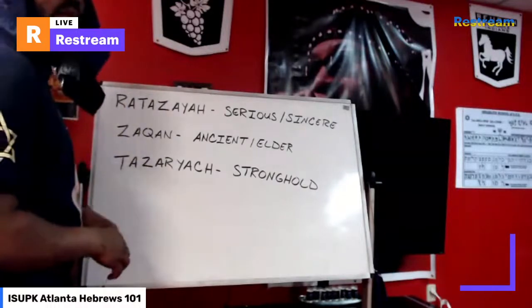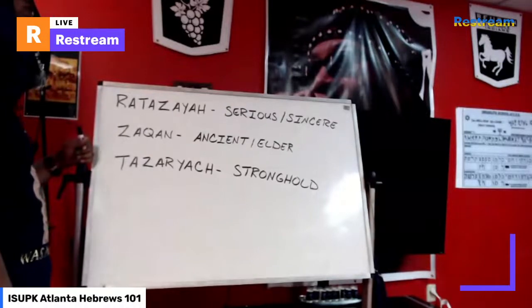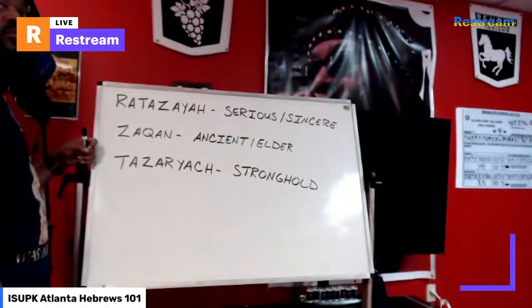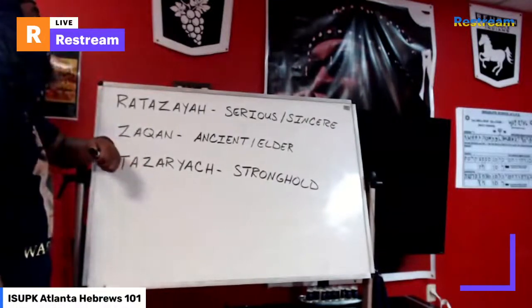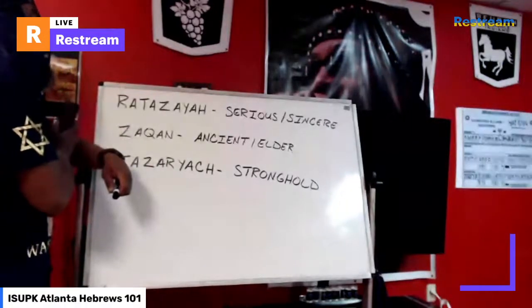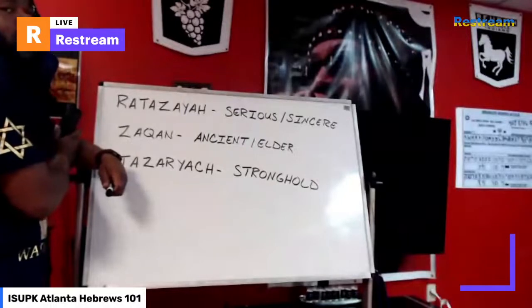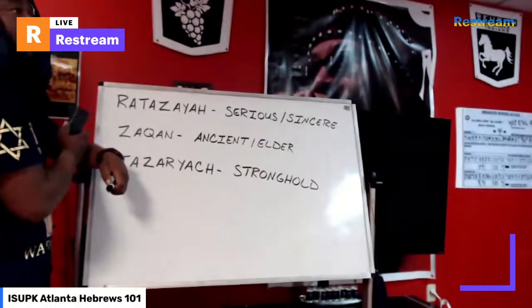Yes. Based on the way Captain Rathaziah's name is pronounced, that is the Ra, the Ta, and the Za, not the Ra and the Taza, and the Ya and the Ha. So as far as I've known, it's been like Ra, Taza, and Ya. Yes.